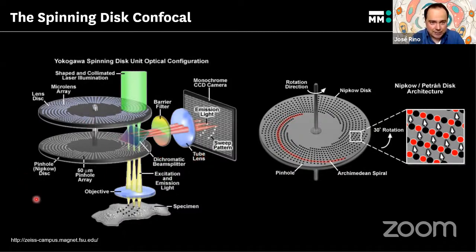So since the disk is rotating, all the points in the sample will be illuminated only once, really, really fast. And because it's so fast, you can even project this image, because it's now an image, on a CCD camera.